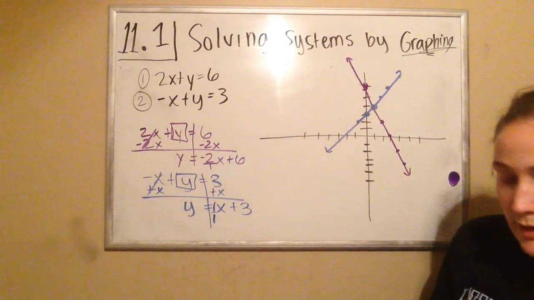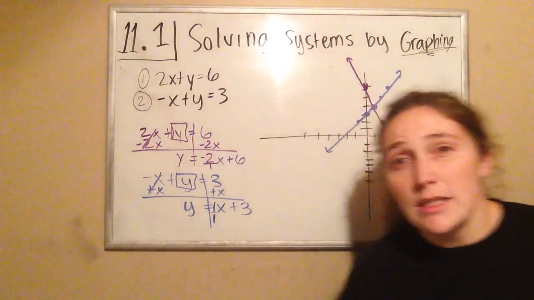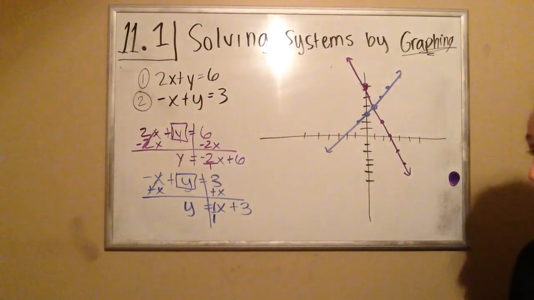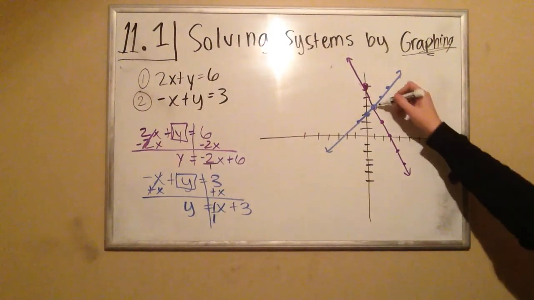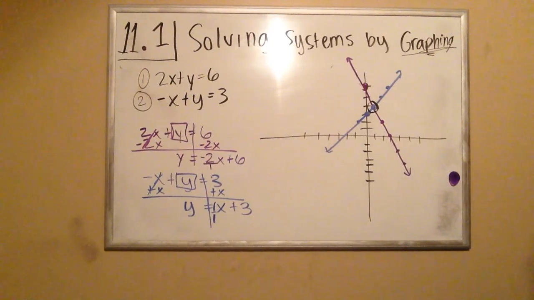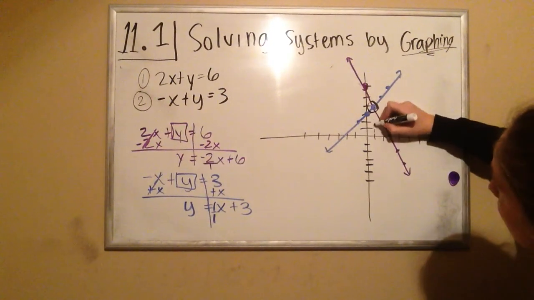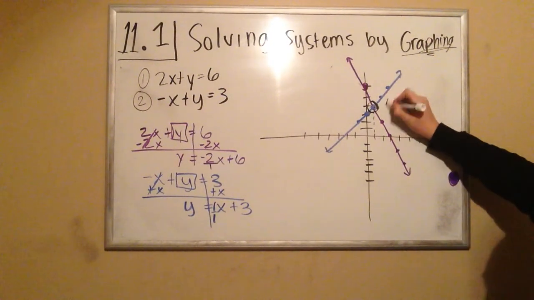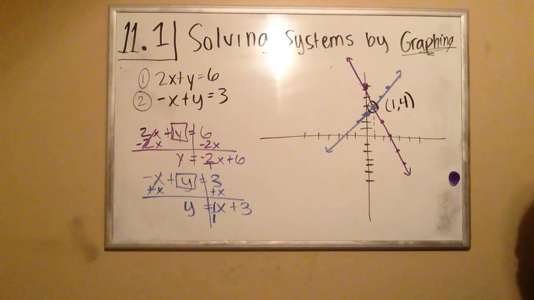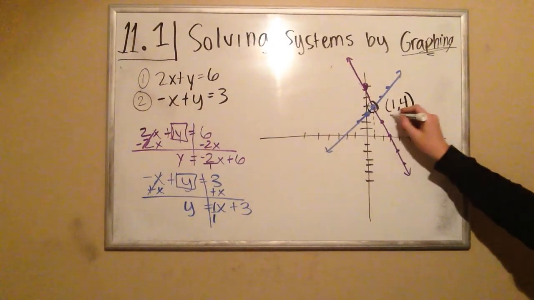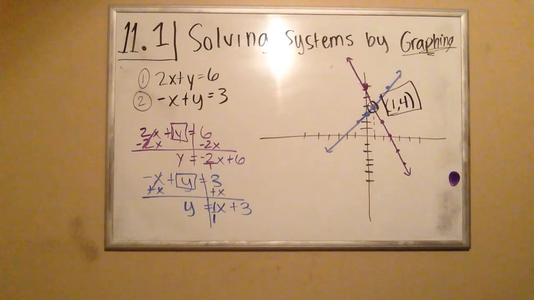With these two lines, you can tell that they cross in one spot, so they have one solution, and the solution is where they cross, where they meet, which is right there. That coordinate point, that solution, is at 1, 4. So we just solved that. That was it. There's our solution. That's all we were trying to identify.